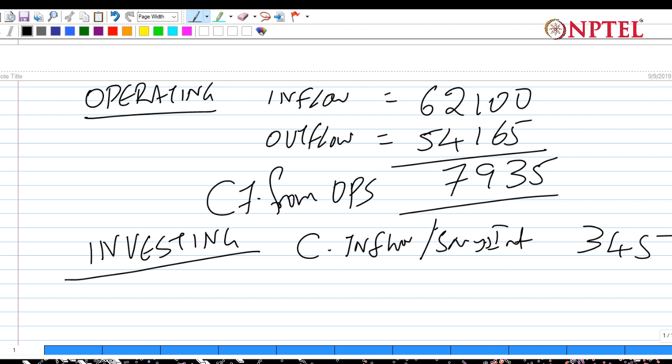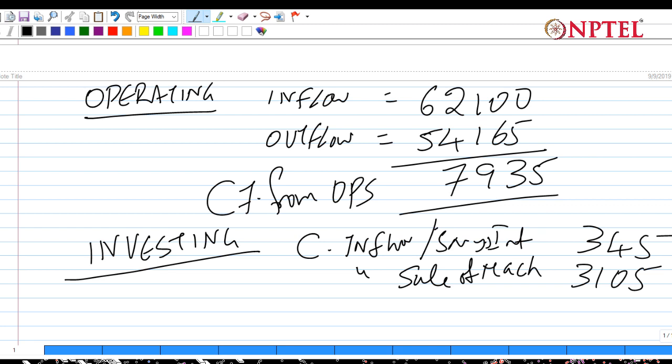Next, sale of an old machine, 3,105. You have sold the machine today, that is cash inflow from sale of a machine, about 3,105. That is also positive cash flow.